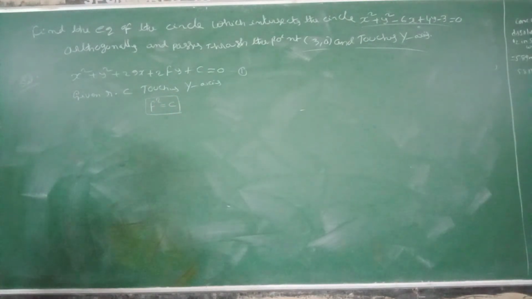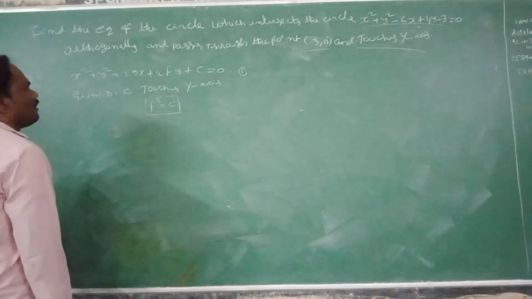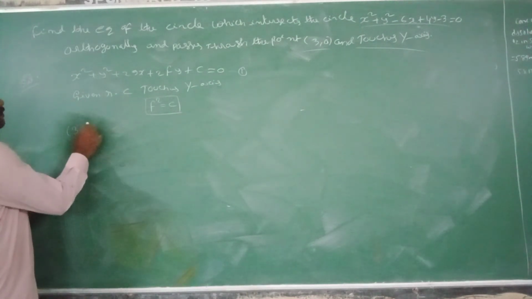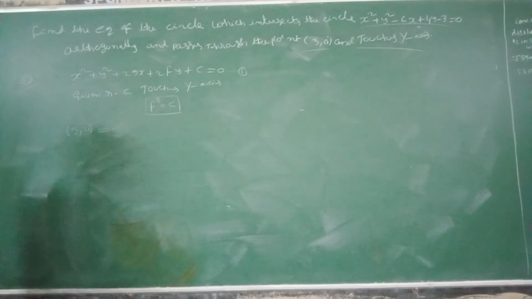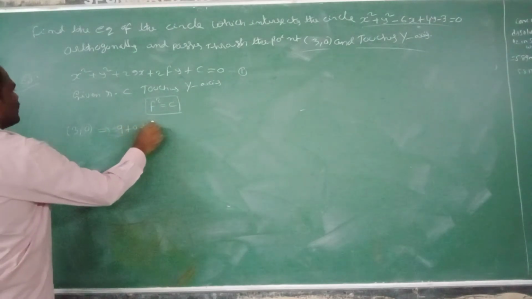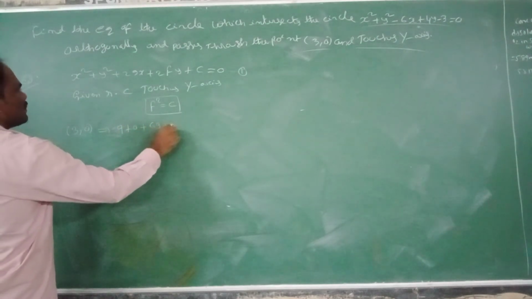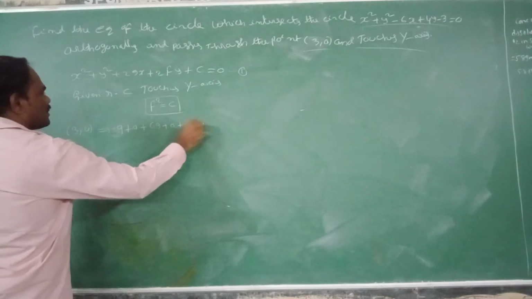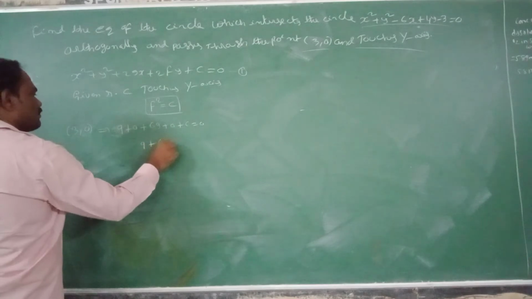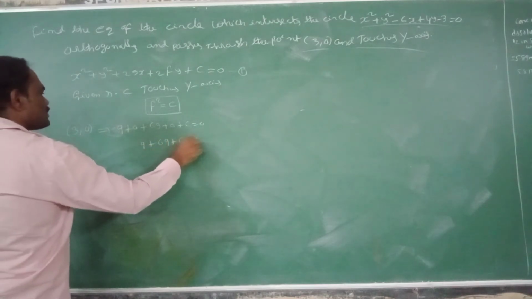Also given the required circle is passing through the point (3, 0). Substitute the values x equals 3, y equals 0 in the general equation of the circle: 9 plus 0 plus 6g plus 0 plus c, so 9 plus 6g plus c is equal to 0.